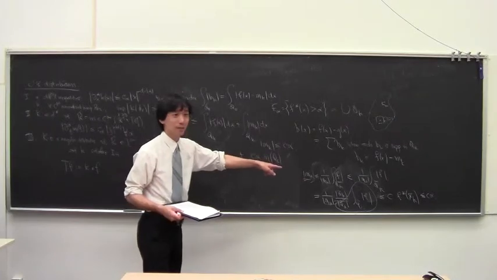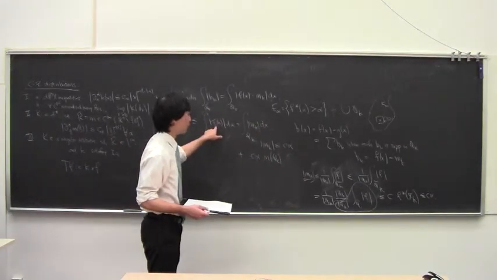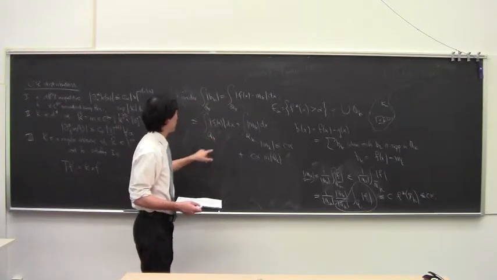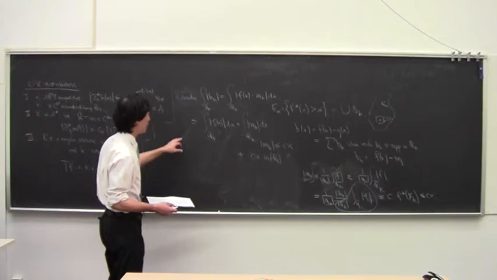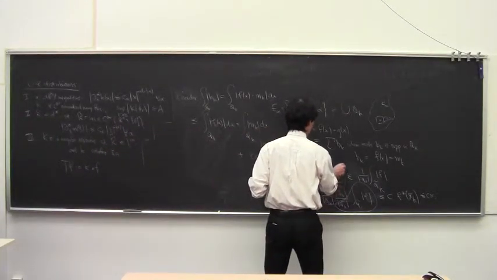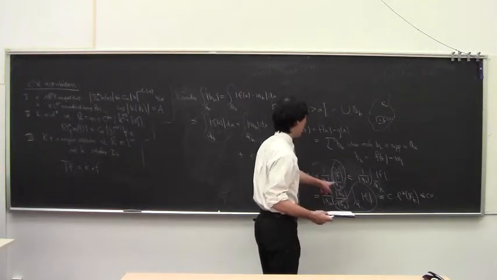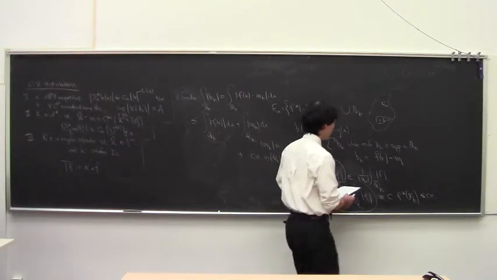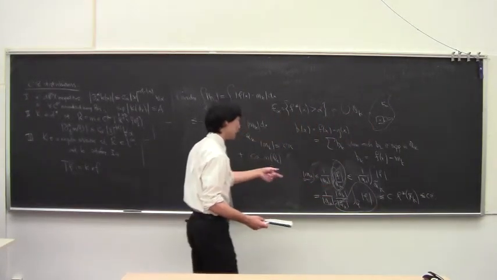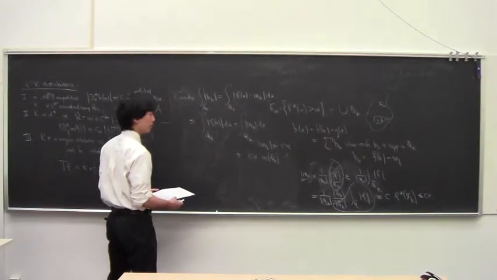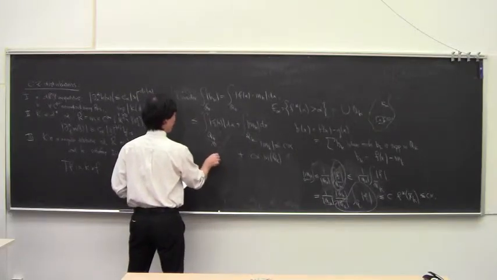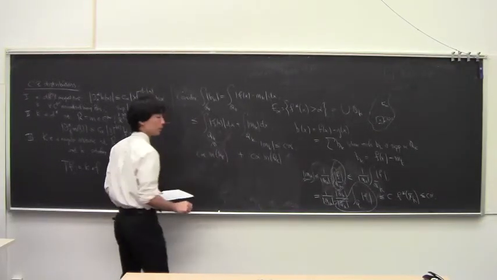This is the integral of f over Q_k, and we know that the integral of f over Q_k, divided by the measure of Q_k, is controlled by C alpha. We just did it, so we use the same result.